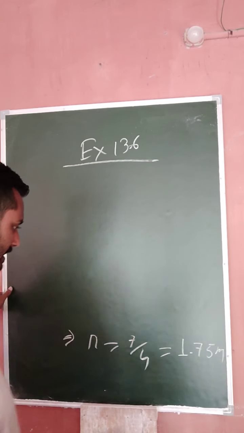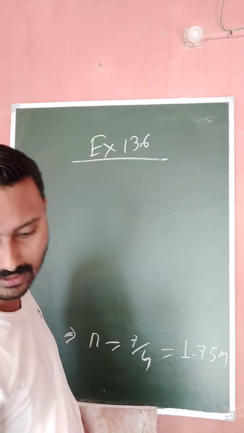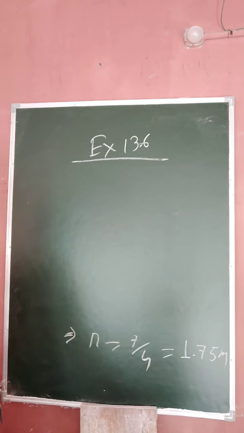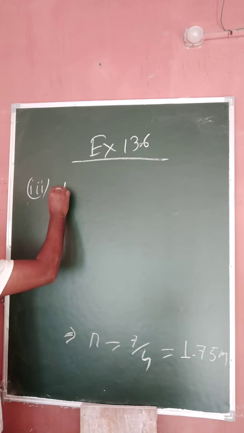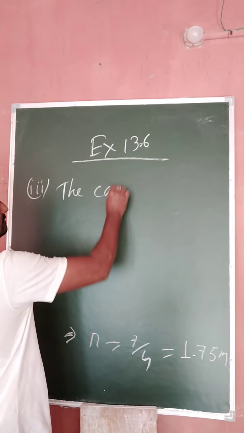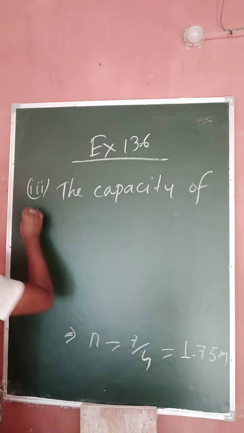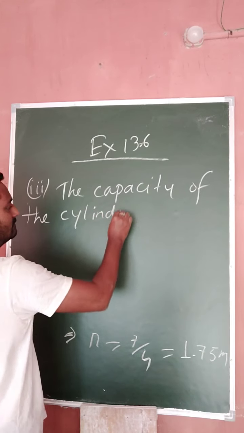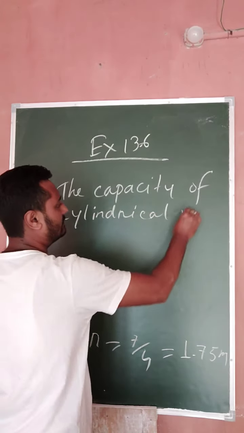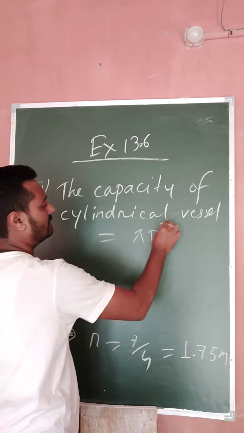Now come to the third question, which is the capacity of the vessel, which means you have to find the volume. The capacity of the cylindrical vessel is equal to pi r square h.